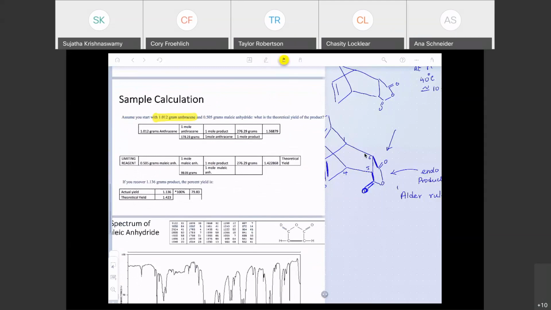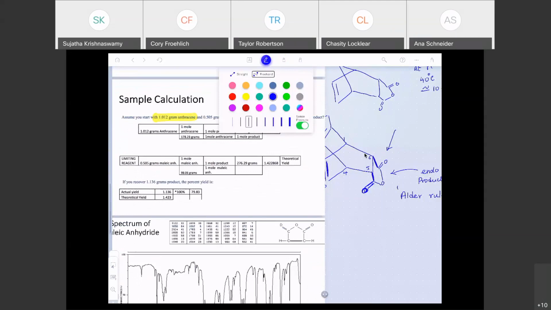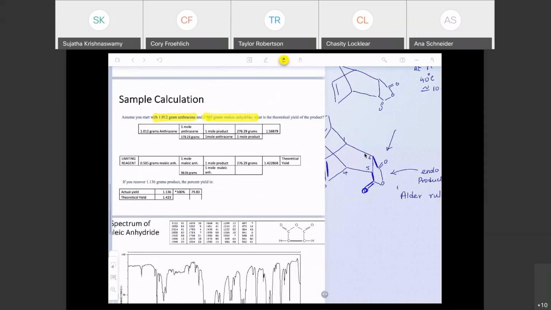I'm just saying that if I started with so much anthracene and so much maleic anhydride, what's a theoretical yield? In order to calculate the theoretical yield, what you need to get is the limiting reactant. In order to find the limiting reactant, you have to start with the amount of anthracene that you're given and get the amount of the product that will be formed from anthracene.